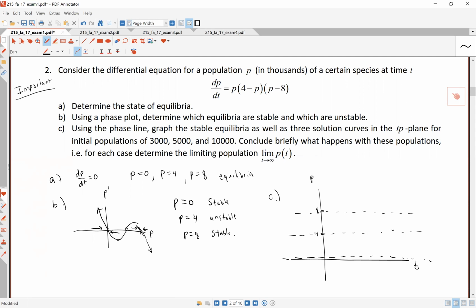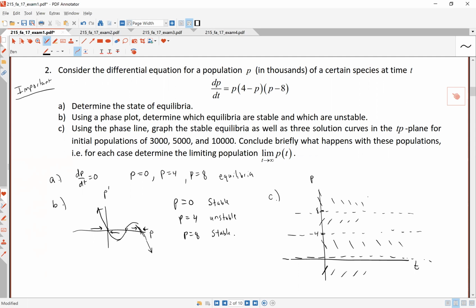In our graph, we can see that below P equal to 0, we have positive tangent lines. Above, we have negative tangent lines. Above 4 but below 8, we have positive tangent lines. And above that, we have negative tangent lines.